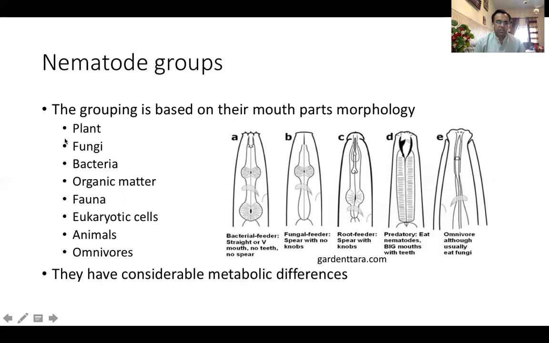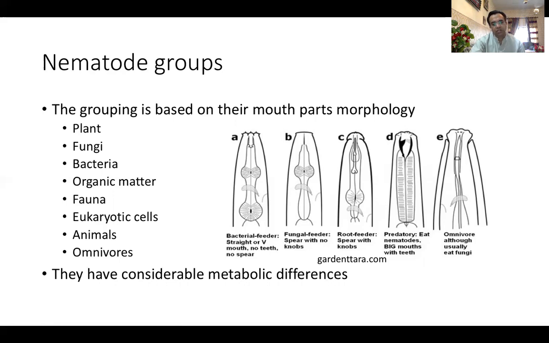So we can divide the nematodes into different groups based on their feed, what they eat. For example, plant, fungi, bacteria. Then organic matter. The ones that eat organic matter, we call them detritus eater.